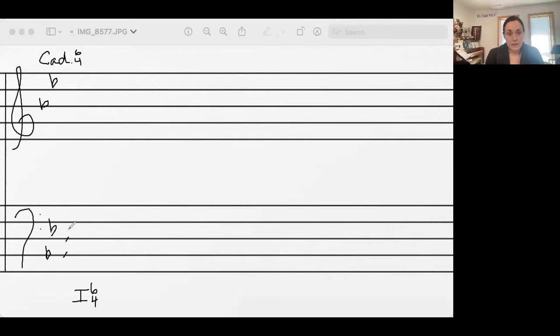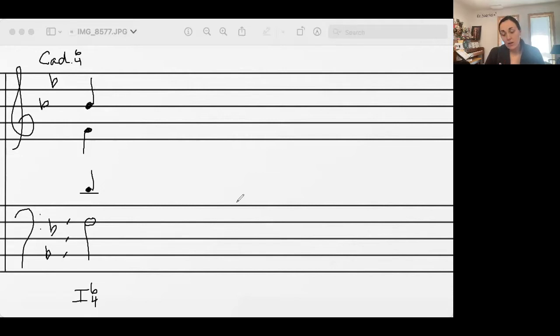So B flat, D, and F, and we know we want to put F in the bass, right? Because again, second inversion. And then we know we're also going to want to double the F. So I'm actually going to stack a chord up here. So our D, I'm going to put the F up here and B flat.